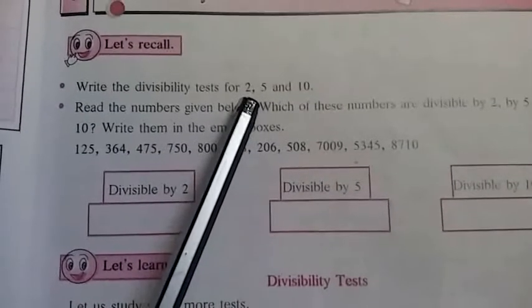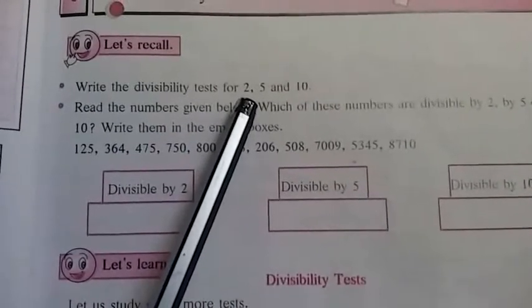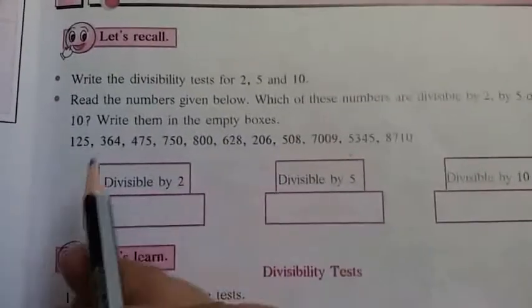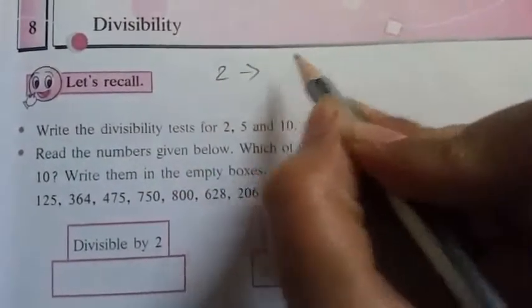If the last digit is 0, 2, 4, 6 and 8. I am here writing for 2: if last digit is 0, 2, 4, 6, 8. For 5, 0 and 5, and for 10 only 0.